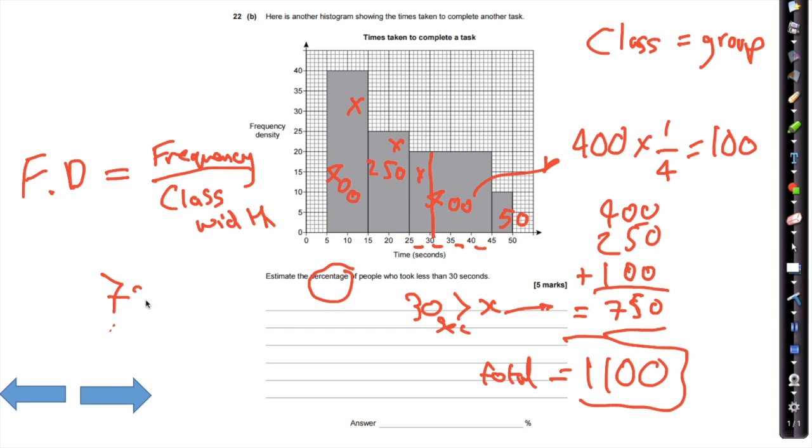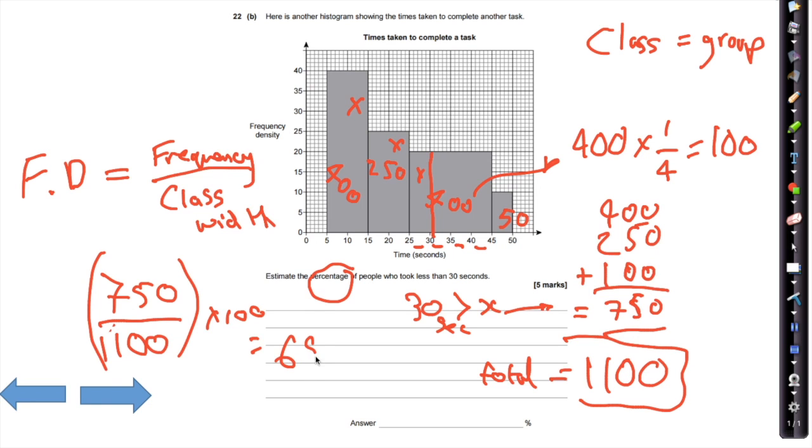So that's going to be 750 out of 1,100. And then as a percentage, we times that by 100, and that will give you about 68%. So 68% is what we get when we multiply 750 over 1,100 by 100.